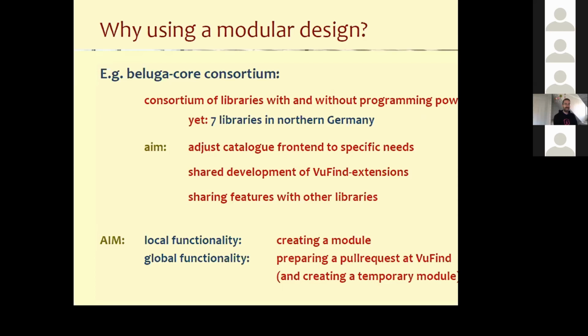Regarding local functionality, which means functionality related to very specific needs of one or the other library, we are just creating a module, but with functionality of a more global interest.